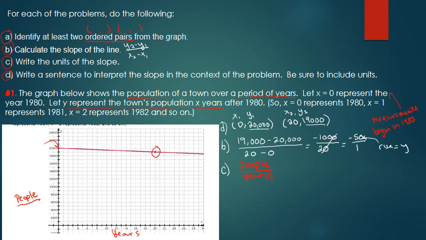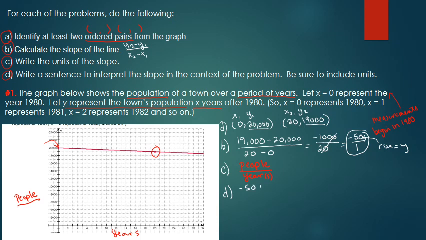Those are the units. Now D is write a sentence to interpret the slope in the context of the problem. Be sure to include units. Okay, the very first thing I'm going to do here is write my slope, the negative 50 over 1.